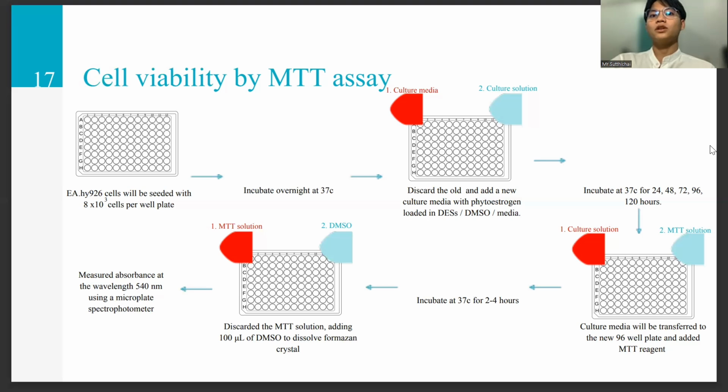Absorbance value is directly proportional to the level of living cells in the testing well. Experimental results will be shown in the form of relative cell viability, or percentage of living cells in the testing group compared to the negative control group.